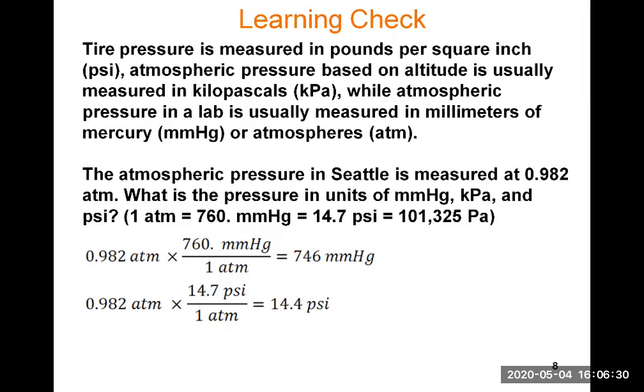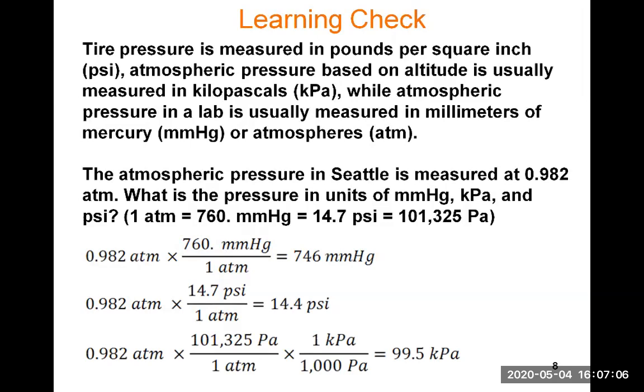Let's now change that into kilopascal. The equality we have is between atmosphere and pascals. So we will need to first change the atmospheres into pascals and then the pascals into kilopascal. Again, the given amount is in atmosphere, so we'll want the 1 atmosphere in the denominator of the first conversion factor and the 101,325 Pascal on top.